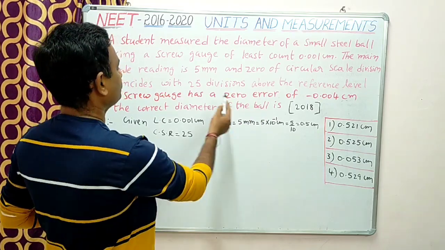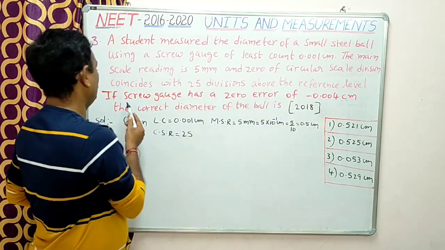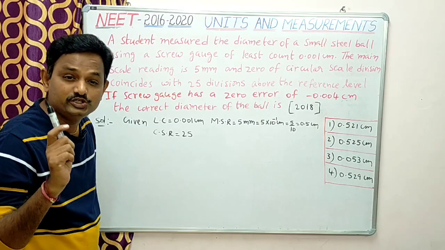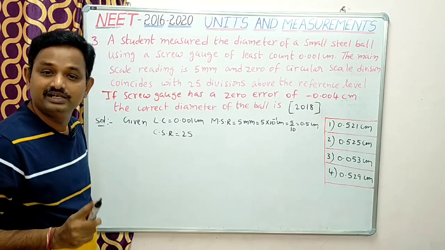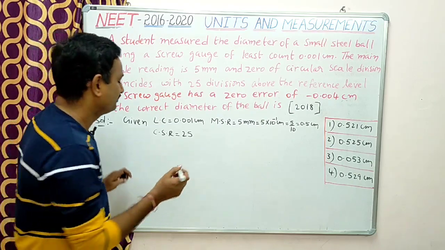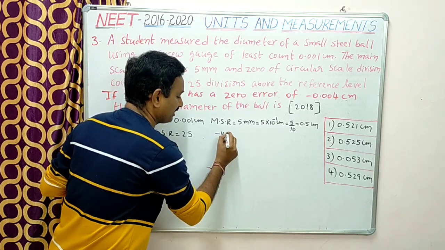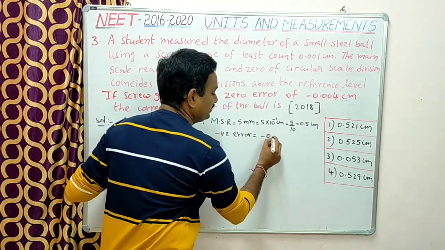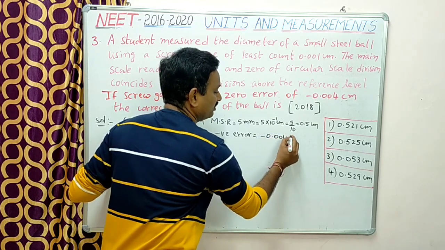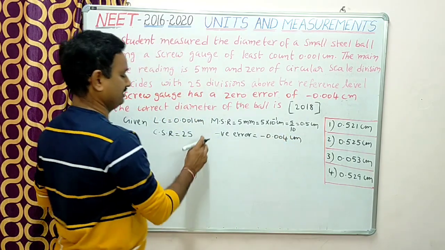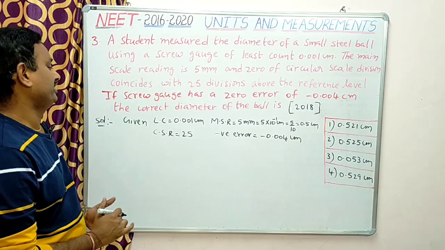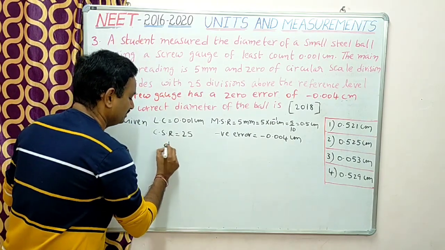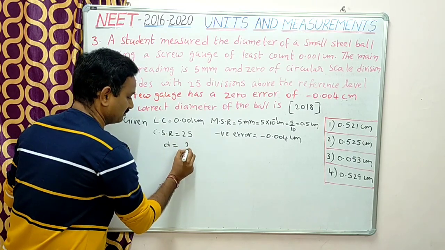Then if screw gauge has a zero error of minus 0.004 centimeter, that means it has negative error. So negative error equal to minus 0.004 centimeter. Okay. Then what we need to find? We need to find diameter of the ball. Look at here. Diameter of the ball is equal to question mark.